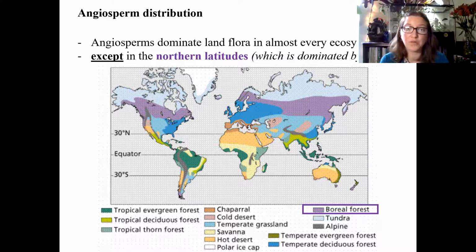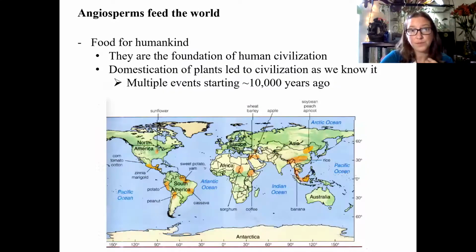Remember last time when we talked about conifers, it says which is dominated by what? Well, it'll be a good prompt when you're looking at the slides later. But in those northern latitudes, it was the conifers that dominate, right? Because they've adapted to live in those cold and dry environments. But aside from the boreal forest, aside from those northern latitude forests, angiosperms dominate everywhere else.